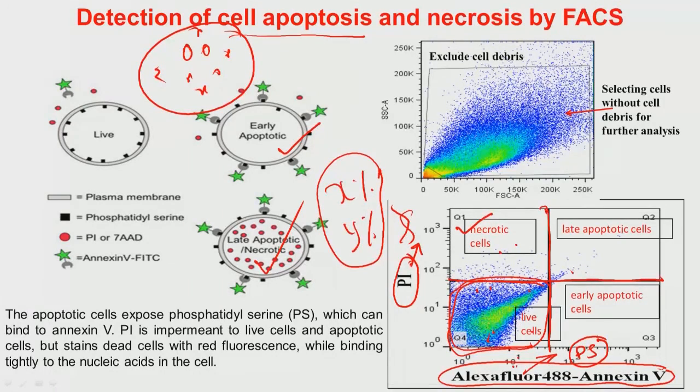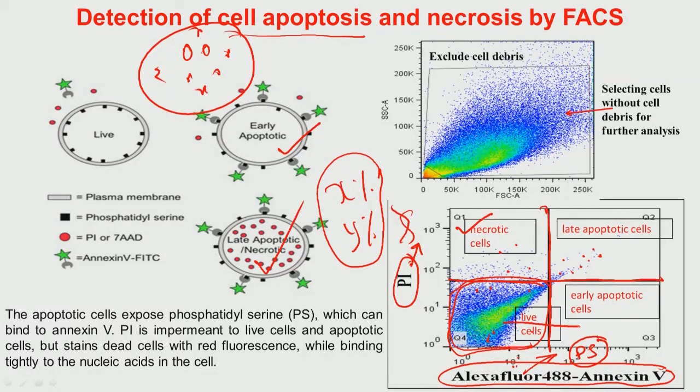Each dot in the fluorescence activated cell sort represents the information from an individual cell. So, more dots in a given quadrant means more cells, or larger cell fractions, are present in that quadrant.